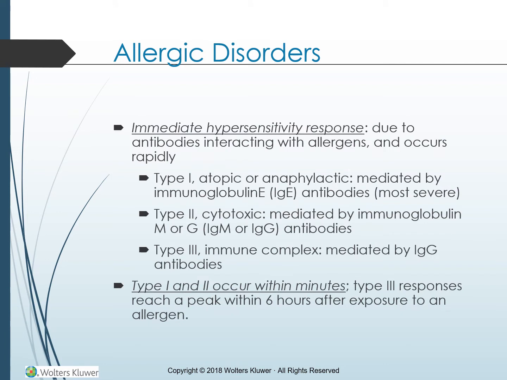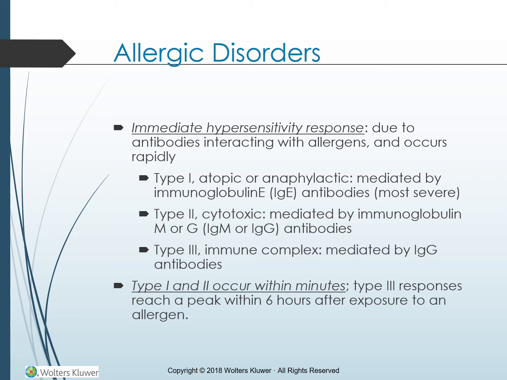Immediate hypersensitivity responses, types 1, 2, and 3. An immediate hypersensitivity response is due to immunoglobulin antibodies interacting with allergens and occurs rapidly. There are 3 types of immediate hypersensitivity responses. Type 1, atopic or anaphylactic, which is mediated by immunoglobulin E, abbreviated IgE antibodies.